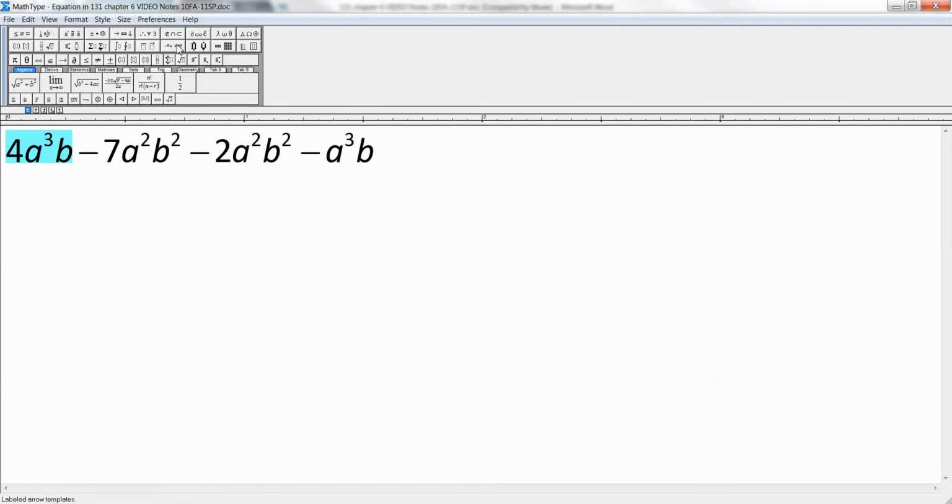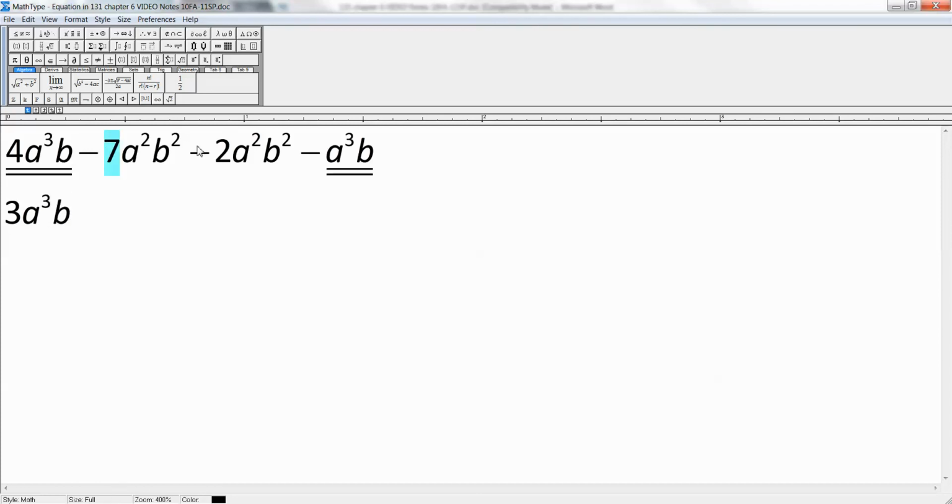So 4a cubed b, and I'm going to double underline it so you can see it. That one is a like term. This one's no good because that's got b squared. This one's no good either. But it's a like term with this last one, a cubed b. See right there? Those are like terms. If you have 4 of something, take away 1 of them, that leaves you 3a cubed b.